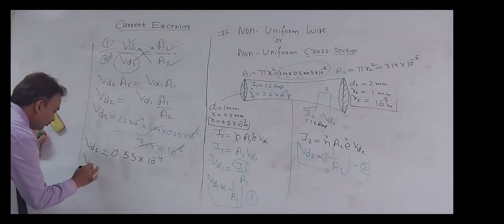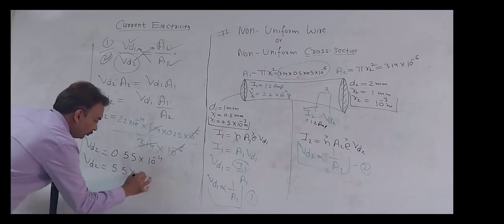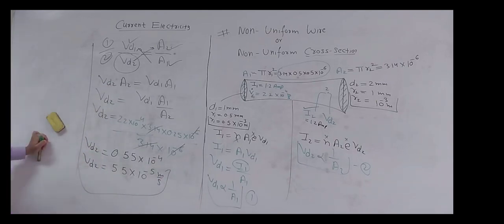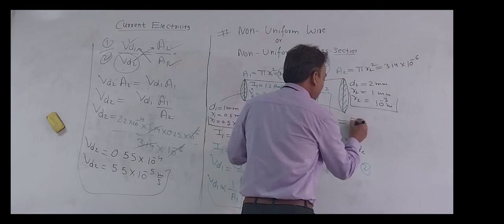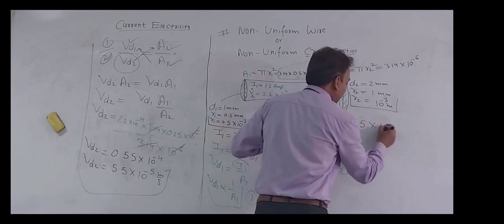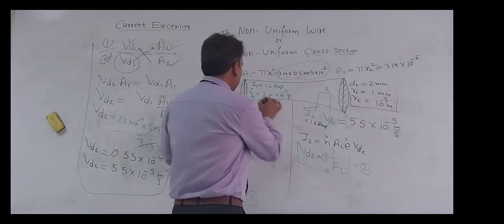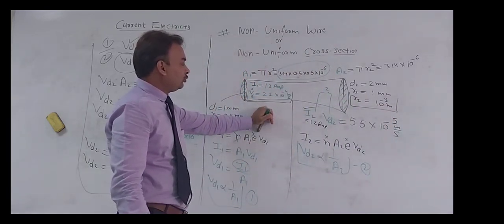This can be written as VD2 is equal to 5.5 multiply 10 to power minus 5 meter per second. So the drift speed VD2 is 5.5 multiply 10 to power minus 5 meter per second, while the drift speed at point 1 is 2.2 multiply 10 to power minus 4.